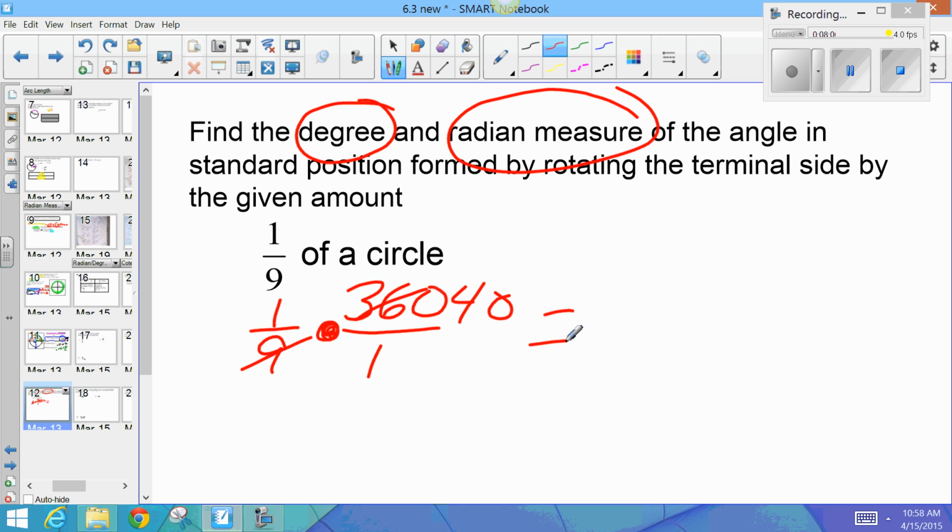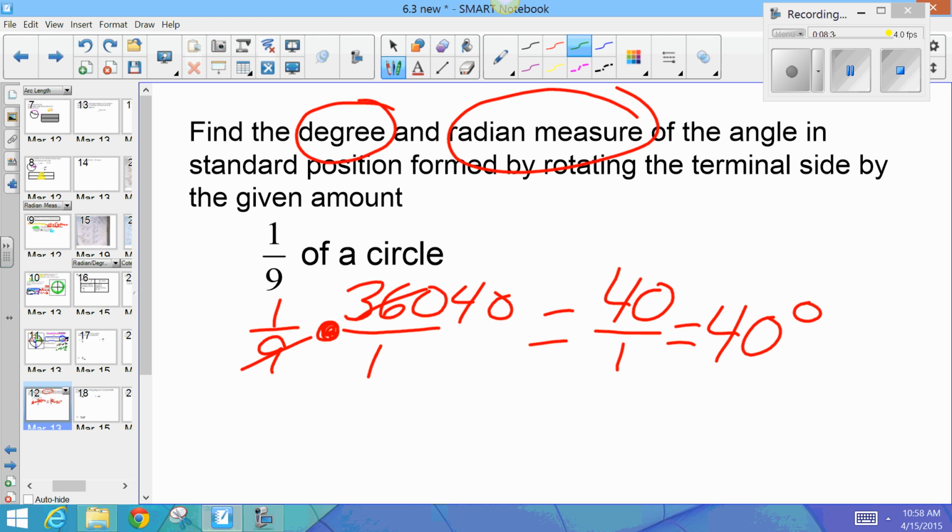To multiply fractions, you can simplify anything in the bottom that has a common factor with something up top. So a 9 could cancel out of top and bottom. A 9 goes into 360 40 times. So top times top is 40, bottom times bottom is 1. So that's 40 degrees.